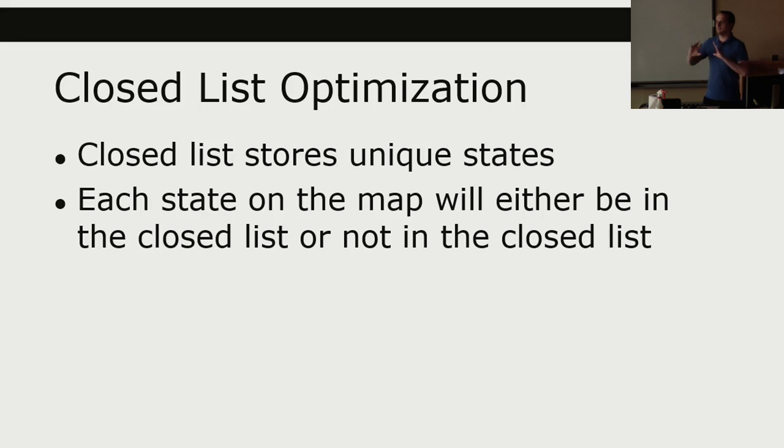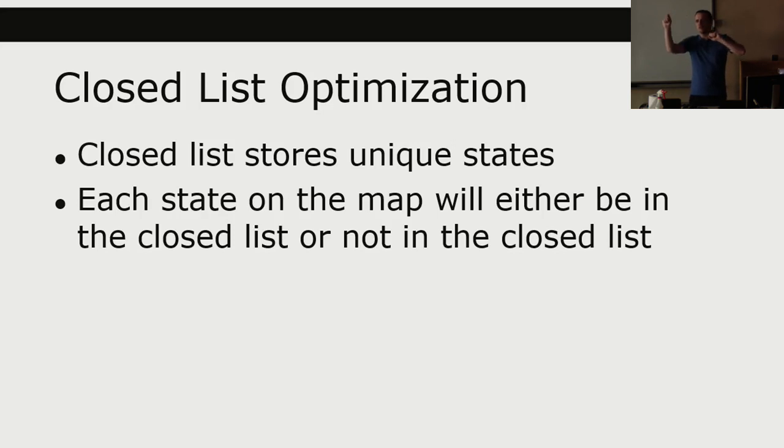So each state on the map will either be in the closed list or not in the closed list. This is a different way of thinking about the closed list, right? The first way is I'm going to have an array, and I'm going to list out all the things that are in the closed list. The second way of thinking about it, in our assignment, which is a grid, and this only really works well in grids, is look at the grid.